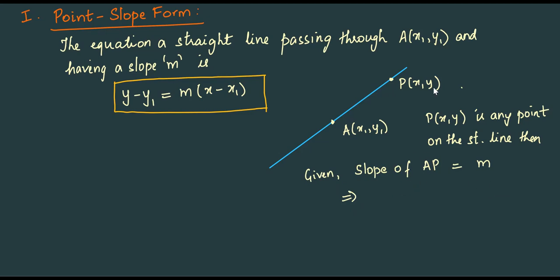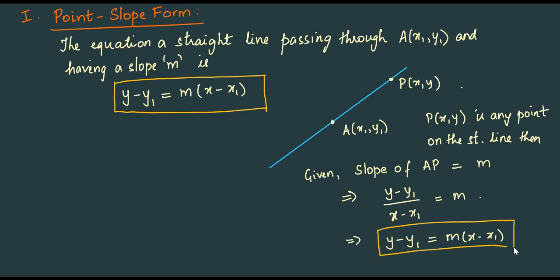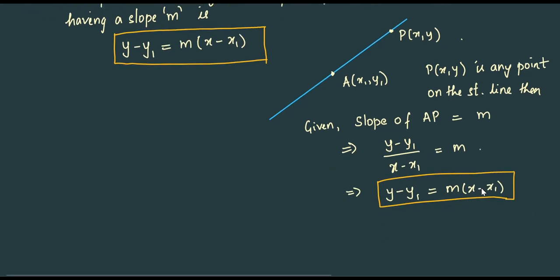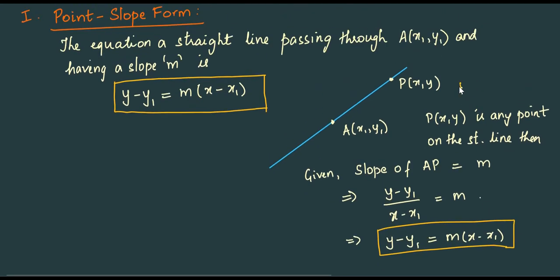So slope of AP is y2 minus y1, so y minus y1 upon x minus x1 is equal to m. Therefore we get y minus y1 is equal to m into x minus x1. Very simple. This is the point slope form of the straight line. Okay, this is the proof. Each time we don't have to do the proof, but I'm just showing this.